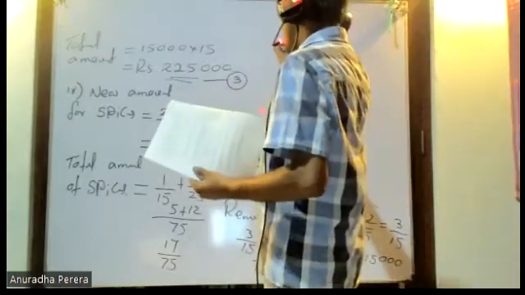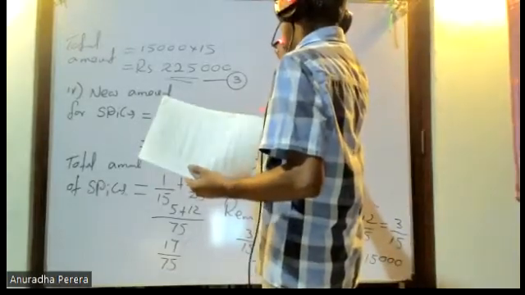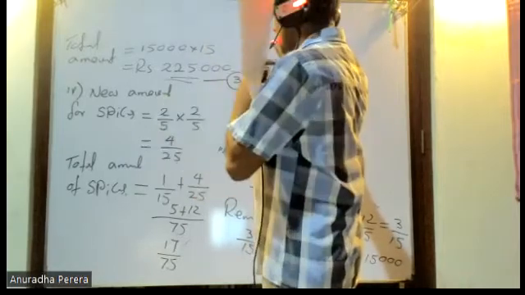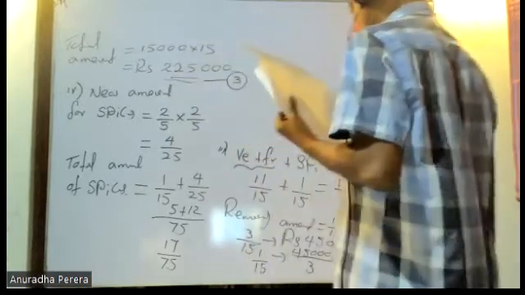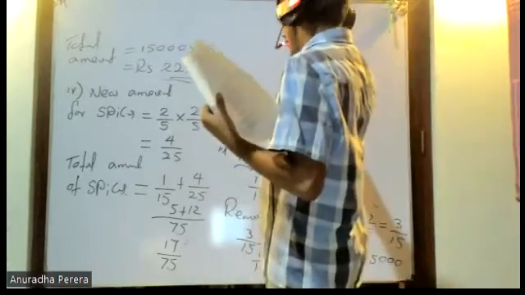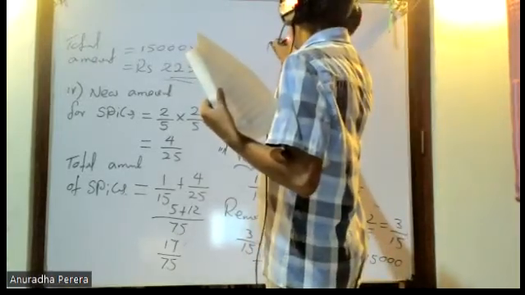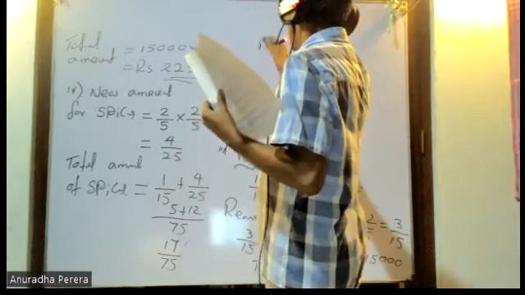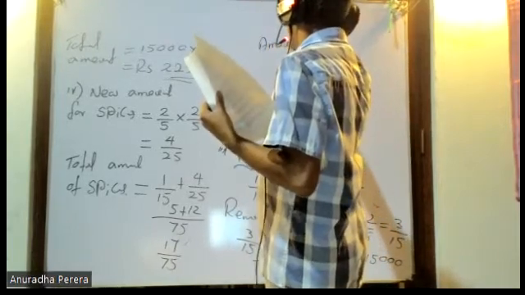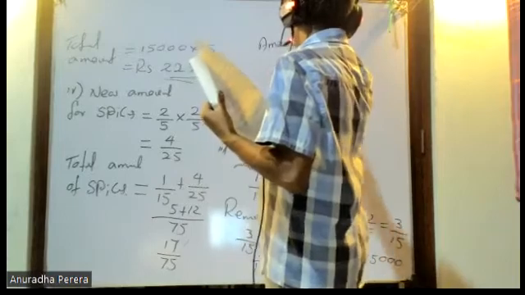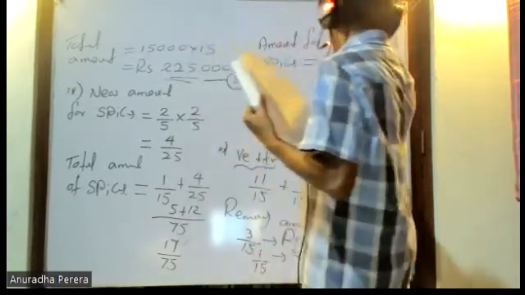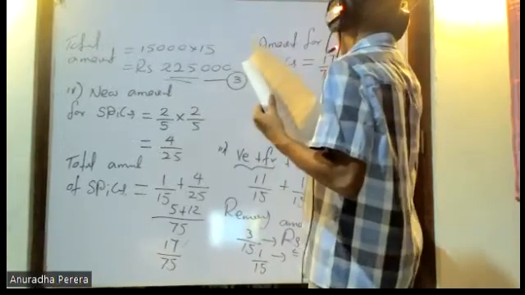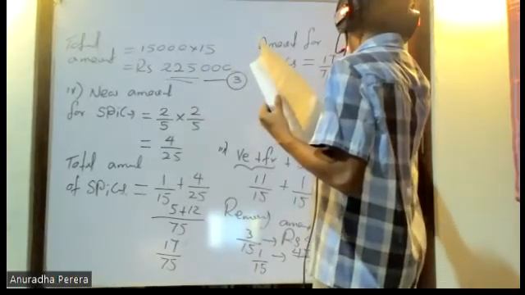Then the amount for spices in rupees is 17/75 times 225,000.